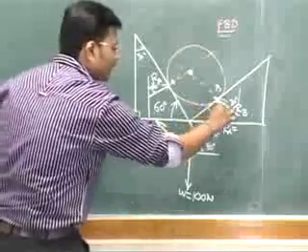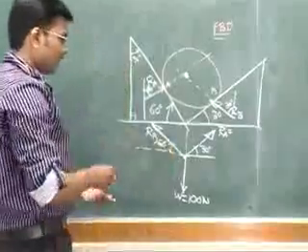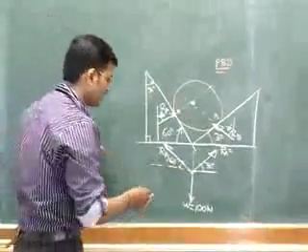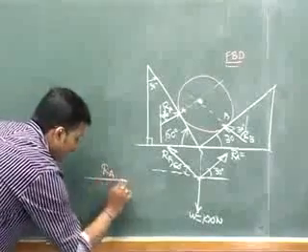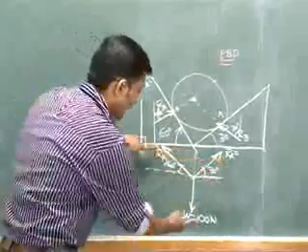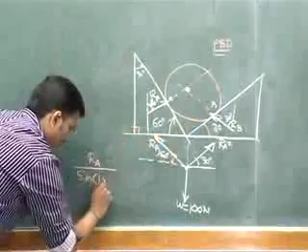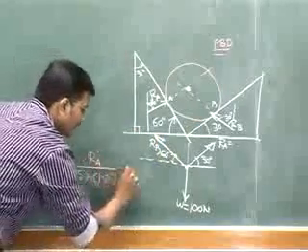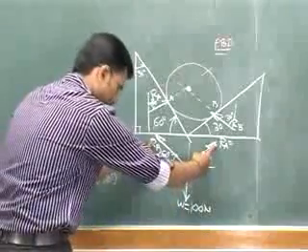The angle with respect to vertical is 30, so the angle with respect to horizontal will be 60. Then we have to apply Lami's theorem. According to Lami's theorem, RA divided by sine of the angle between, so when you calculate RA, the angle between these two forces is important. So 90 plus 60 is 150 degrees, equal to W divided by sine of the angle between these two.